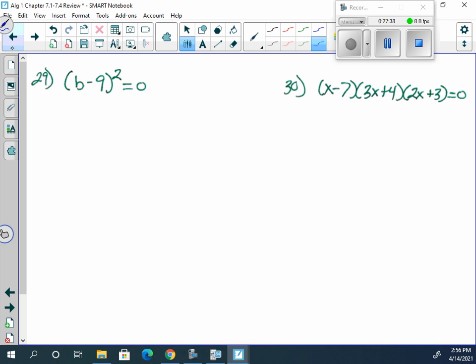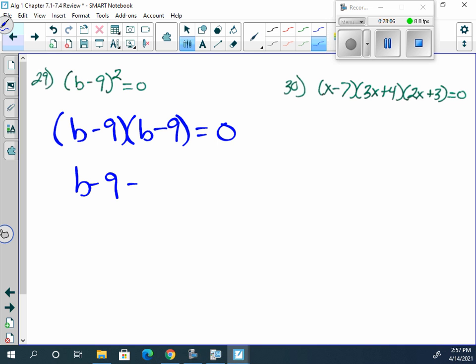So 29, so b minus 9 squared. Well, whenever we have that set of parentheses squared, we know that it is being multiplied by itself. So what we have is b minus 9 times b minus 9 is equal to 0. Whenever we have more than one thing multiplied together to equal 0, it means one of them has to be 0.